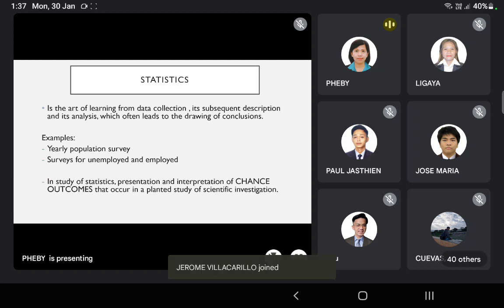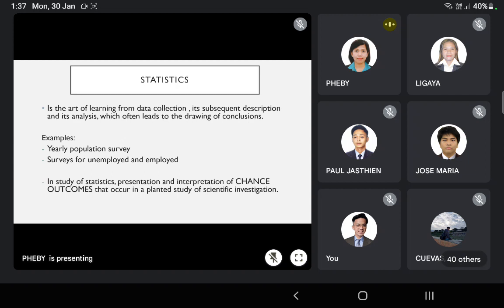For example, yearly population survey, yung mga survey for unemployed and employed. Those are the statistics or data collection na tinatawag.